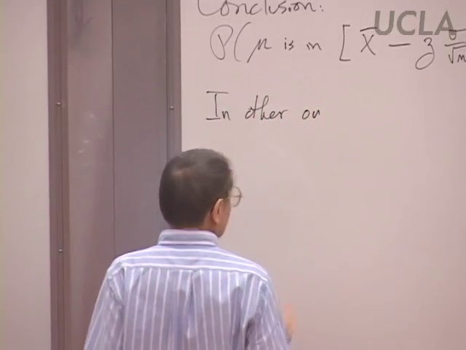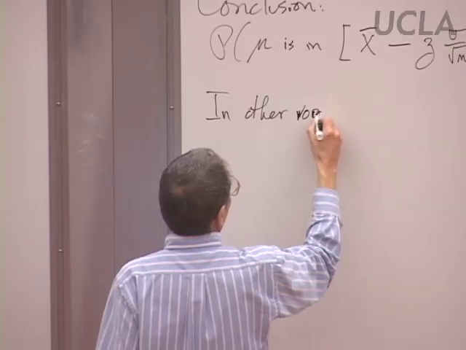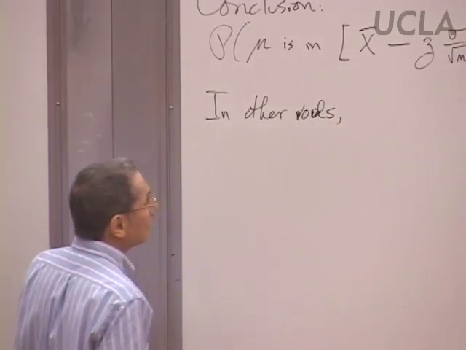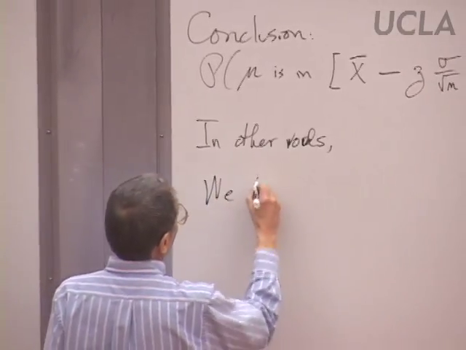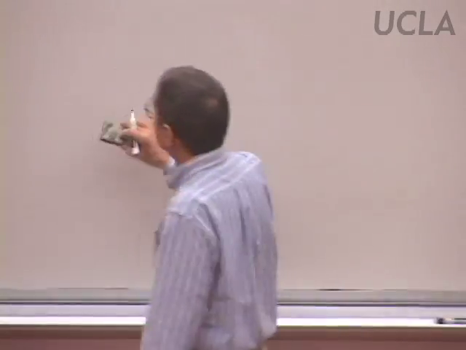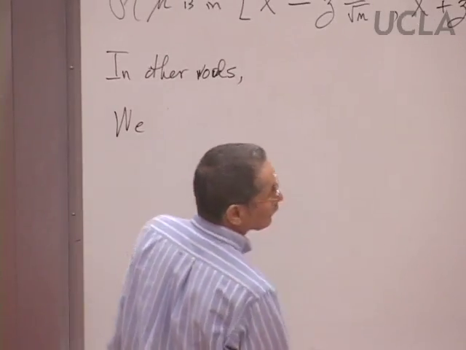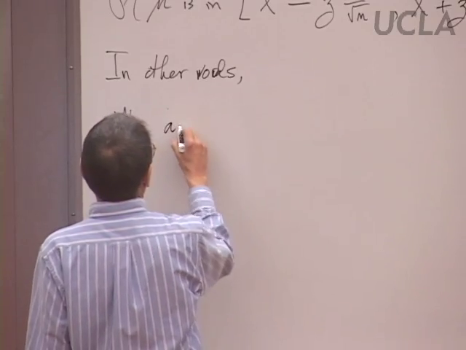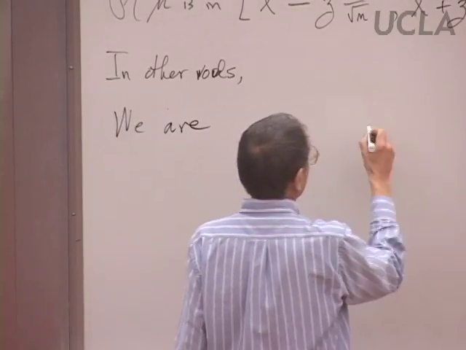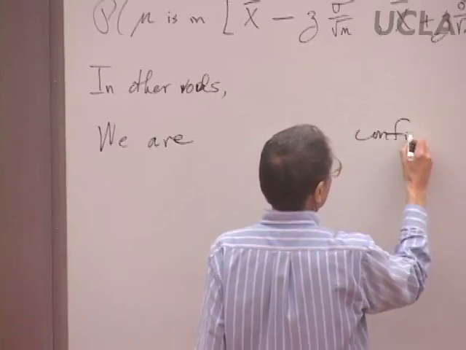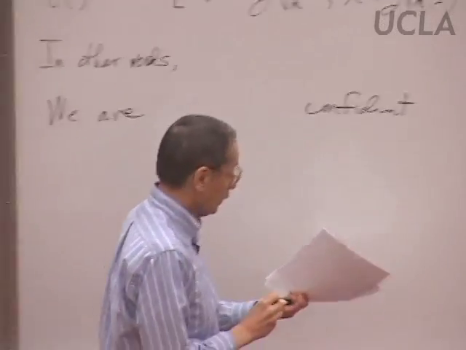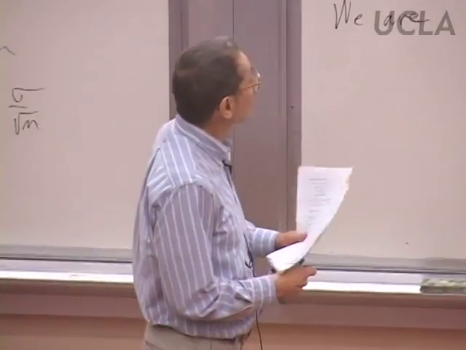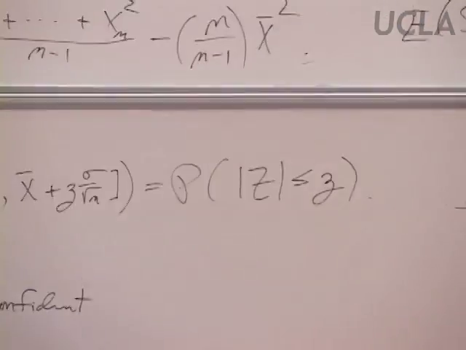Or to say this somewhat differently, we want it to look like that goal over there. And then we'll put in the probability here. Our degree of confidence is this probability.